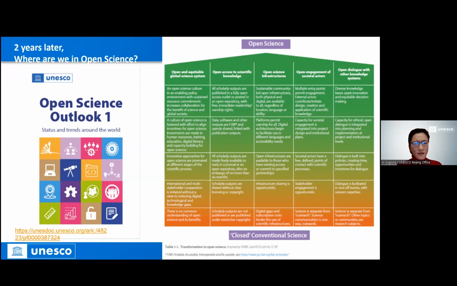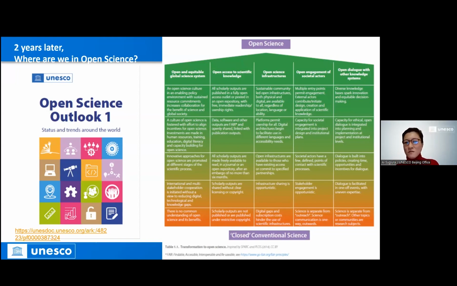And if you read it, you will see that some things are happening quite well, like open access to scientific knowledge. That's the trend. And as Dr. Pragya has said, after COVID, it's just the trend, right? And it's accelerated. And open science infrastructure as well. So in the same line, they are growing, and that's the global trend.